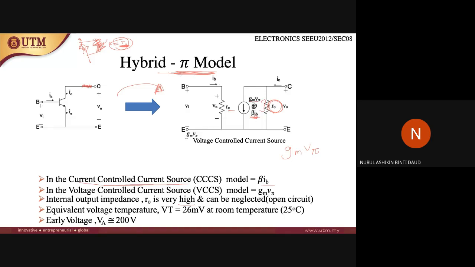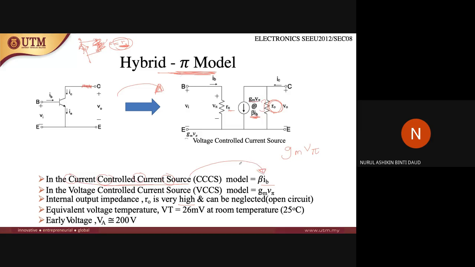That's why it is known as beta IB: the current that flows at the collector is controlled by the current that flows at the base.